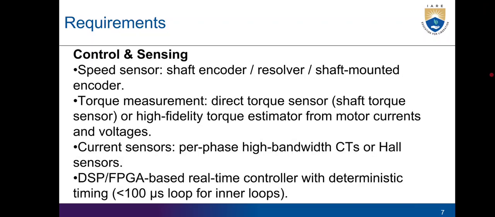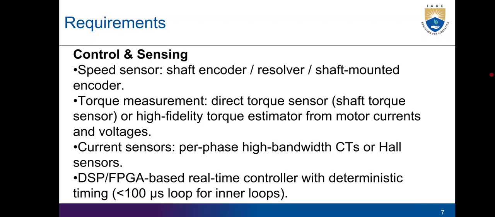Control and sensing: speed sensor, shaft encoder, resolvers. Torque measurement: direct shaft torque sensor or a high fidelity torque estimator from motor currents and voltages.